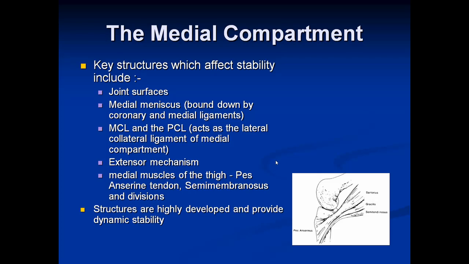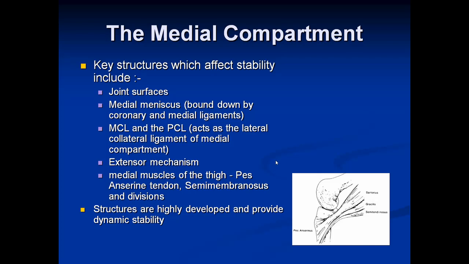What comprises the medial compartment? The medial compartment comprises the medial side of the knee, the MCL, the medial meniscus, the joint surfaces, and the extensor mechanism which controls around the medial compartment, and the medial muscles of the thigh, such as the pes anserinus tendon, semimembranosus, and divisions of those tendons.